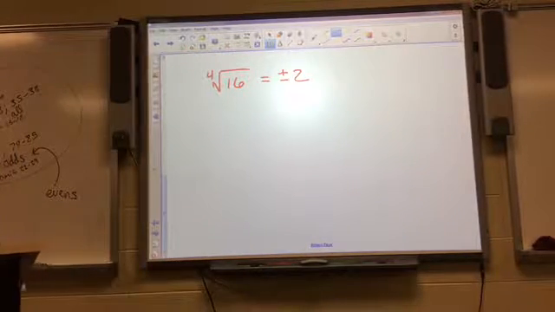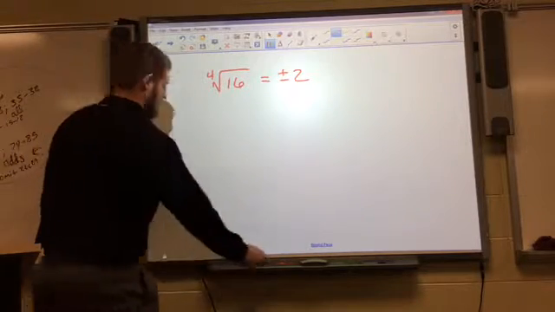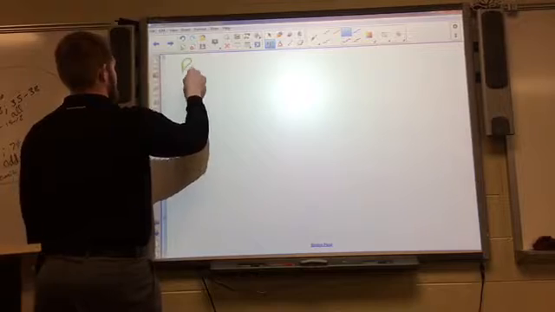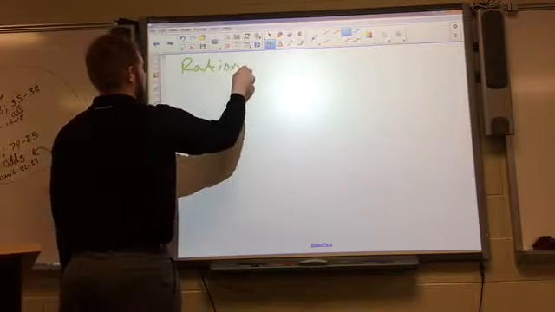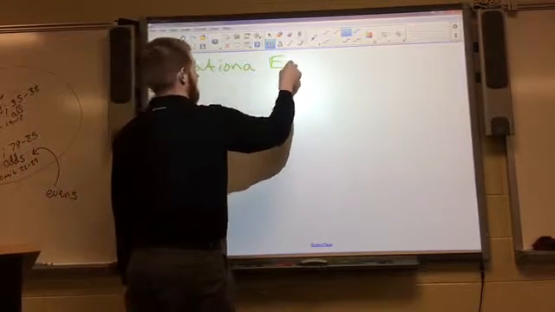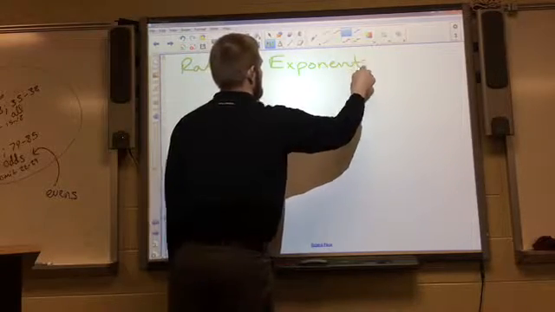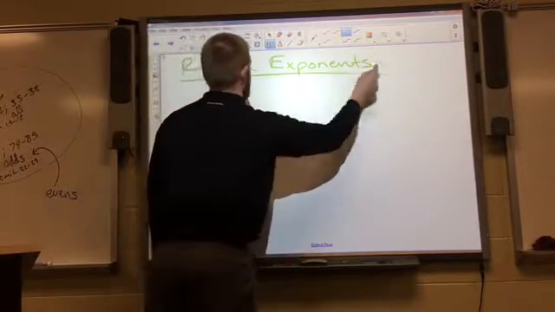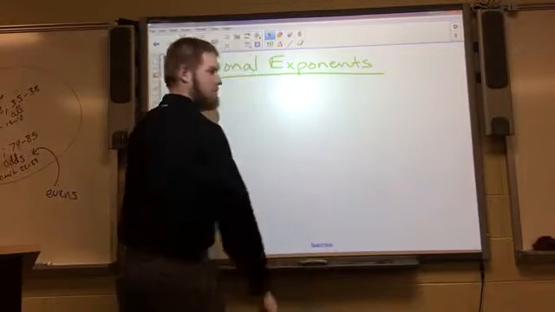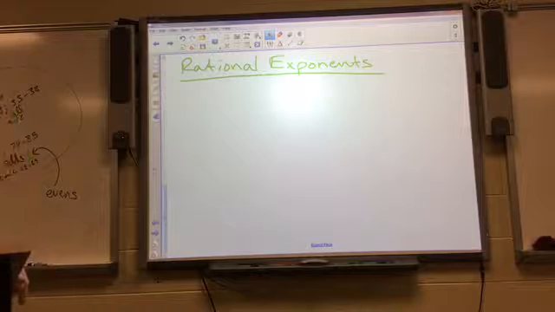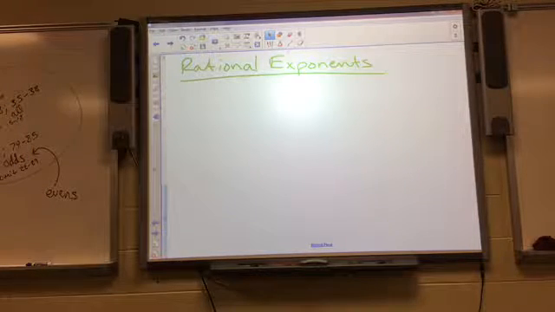Now, that next box, flipping the page, rational exponents. This is an important one. What's rational mean? Right. A rational number is anything you can write as a fraction.